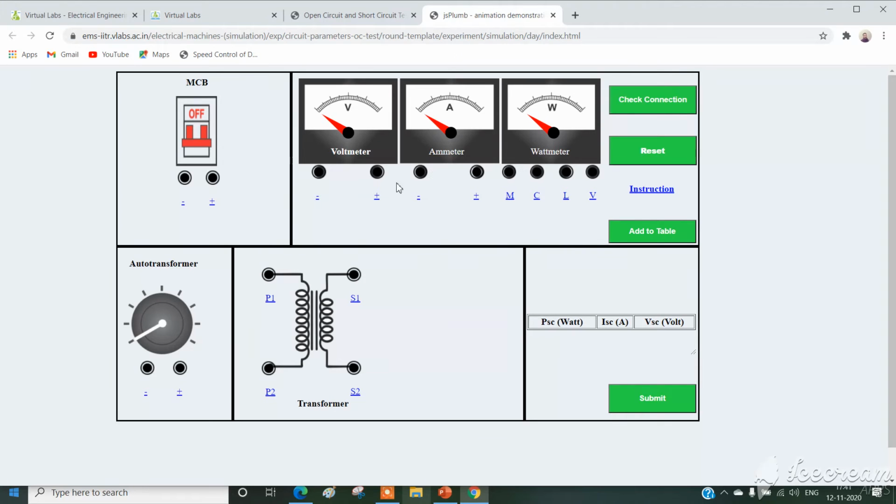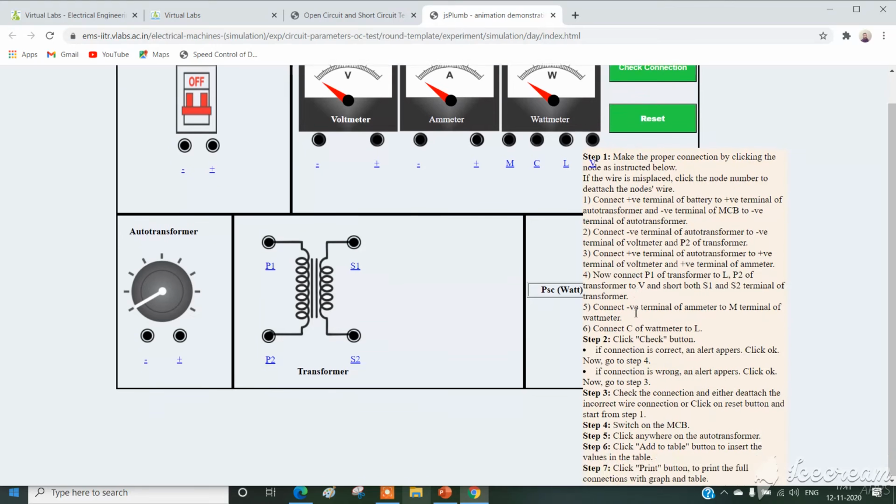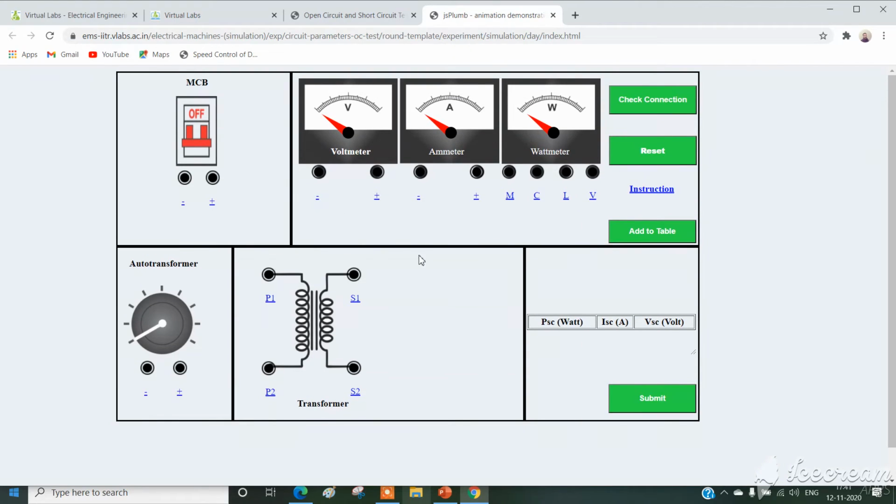Now we will give the connections corresponding to the instructions given. Around 7 steps are there, like the previous one. Simply connect the terminals corresponding to the instructions. MCB negative to auto transformer negative, MCB positive to auto transformer positive.